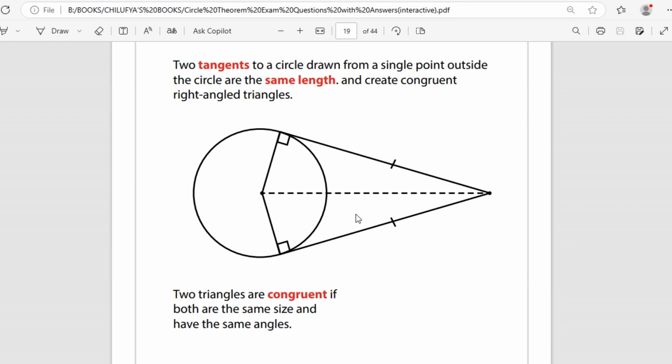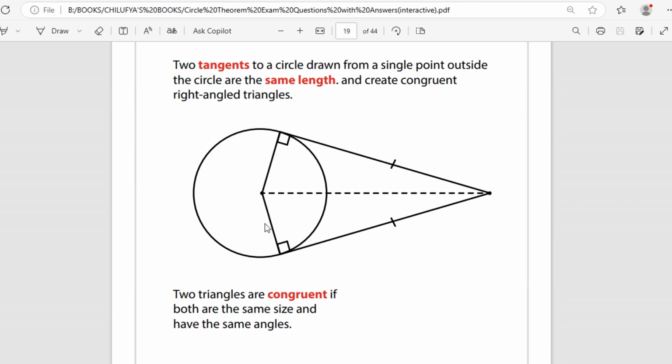Okay, so as you can see, I want you to observe for a moment what I'm trying to talk about here. We all know the radii of the circle, that is the plural of radius. We know that this radius is equal to this radius.